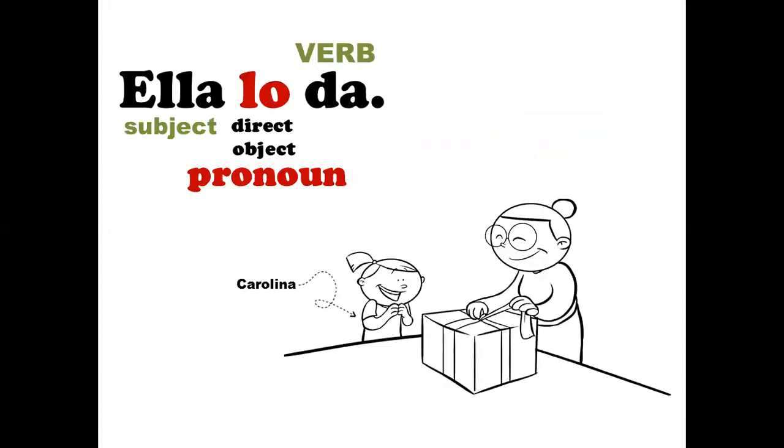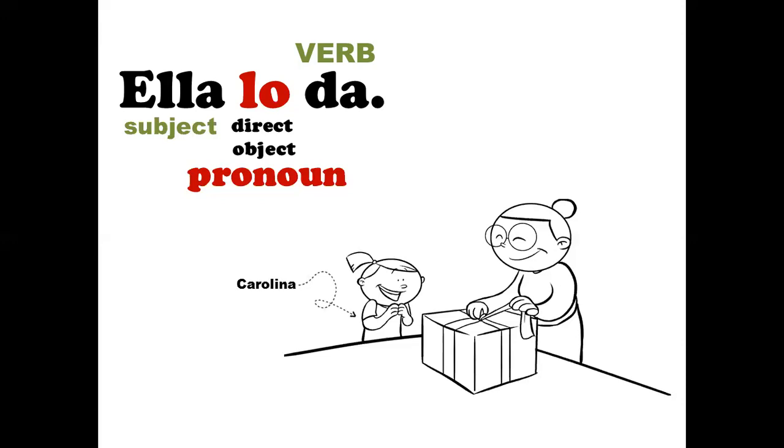So if we replace both Carolina and un regalo with pronouns, it would become ella lo da. Ella, it gives. Remember, Spanish has a difference in the syntax, the sentence structure. The direct object pronoun comes before the verb.